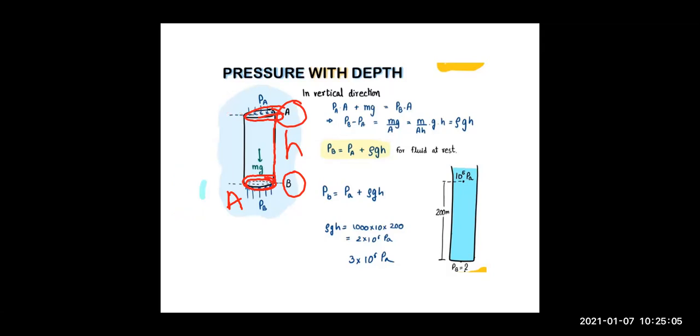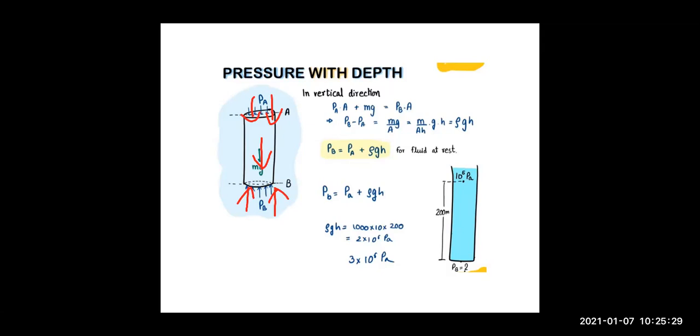Now, suppose children, here the pressure at A is PA, right? And we know the weight will be acting in the downward direction, that is mg. And the pressure on the base B will be PB.